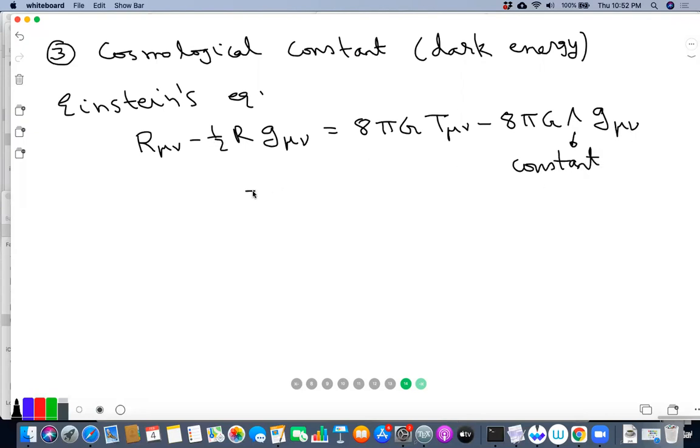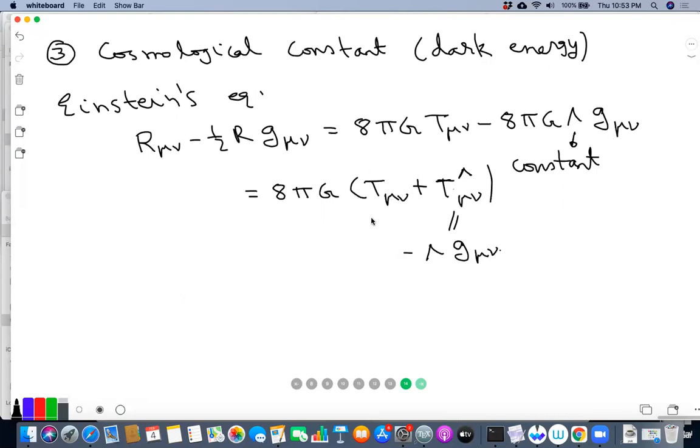But it's also useful to write this as a term of the form, in this form, T_mu nu plus T^Lambda_mu nu. T^Lambda_mu nu is a new source of energy momentum tensor that is given by minus Lambda times g_mu nu.